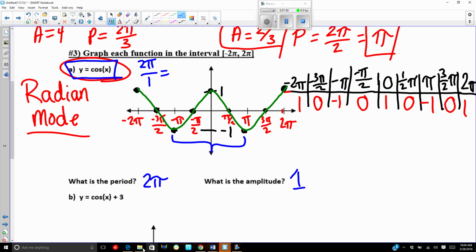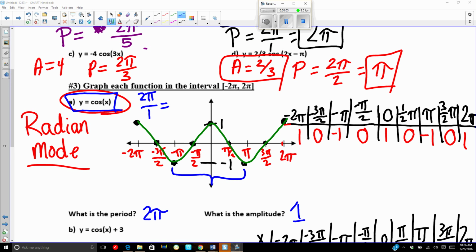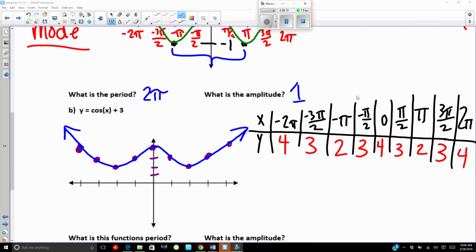So now repeat the process. You're going to use the same values for x for part B, and you're going to repeat that process and see if you can identify what's changed from this graph to your new graph in part B. So hopefully you paused it and you tried this on your own to make sure you got this graph. Your ultimate graph should look like this.